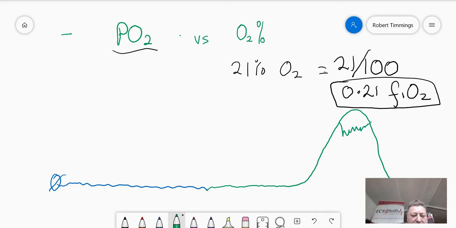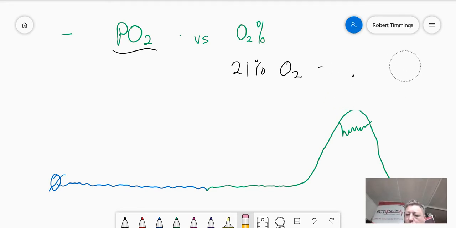And here's little Frank, and Frank is sitting, I'll just get rid of this, that's in my way. Okay, so here we've got little Frank, and Frank is sitting up on the top of Mount Everest. He is at 8,800 meters above sea level.